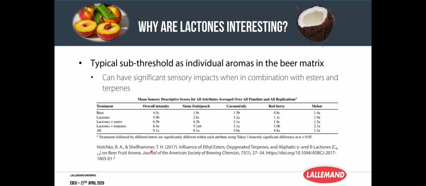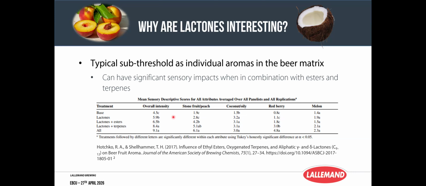This little study here, you have the citation and you can look into the detail. The slide shows really well what it actually does. If you look at the base here, you can see the different values for the different sensory characteristics. If you look at lactones themselves, there's already a big step up in these concentrations for the different descriptors.